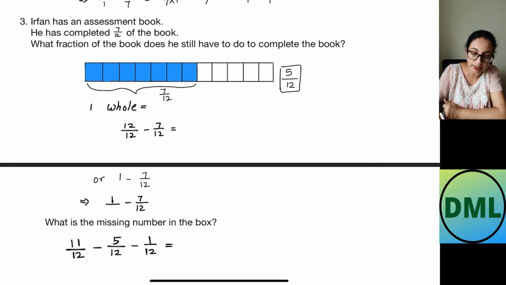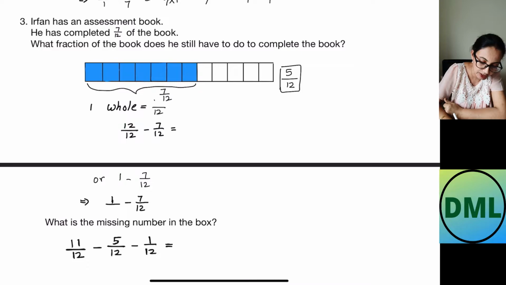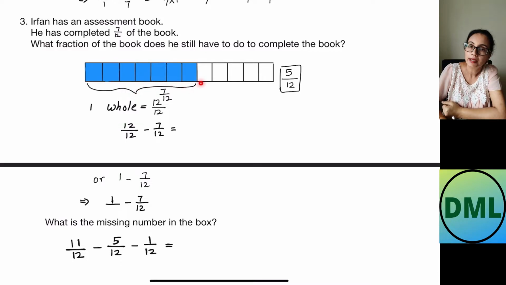So I need to get this answer with a different method. This complete picture will be given as one whole. So how many parts does one whole have in total? 12 parts, right? So let's write down 12 here. So this one whole will be written as 12 over 12. From 12 over 12, you have to subtract 7 by 12. 12 by 12 minus 7 by 12. Let's subtract it.